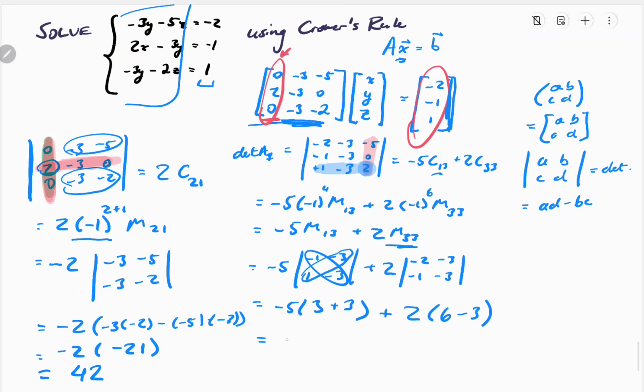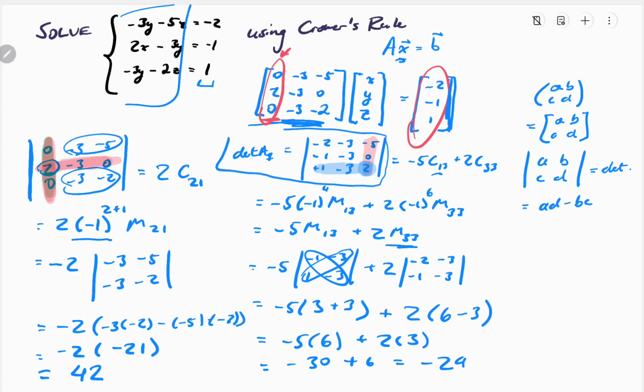So we have -5 times 6 plus 2 times 3. So we have -30 plus 6, which gives us -24. So that is the determinant of this matrix where we've subbed in our B vector as the first column.